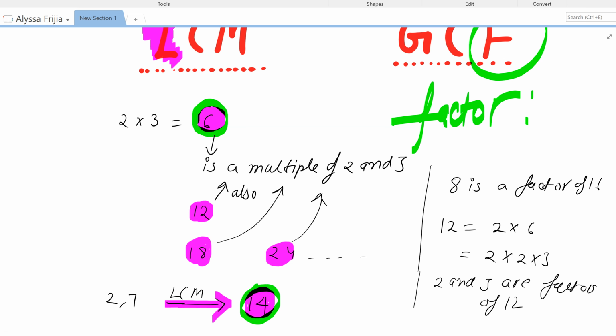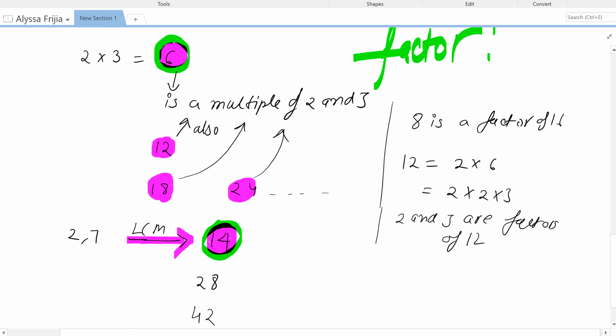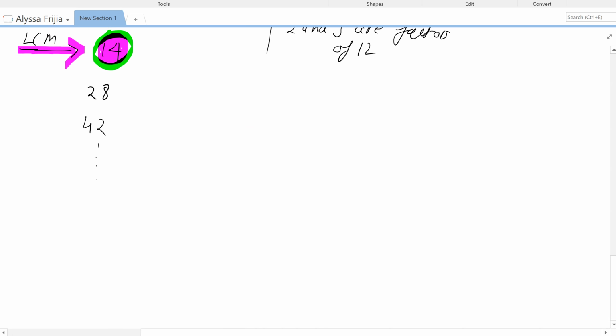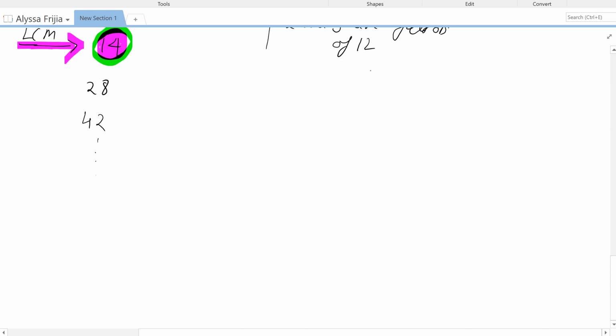Now, what is the meaning of greatest common factor? That is going to be in the context of two numbers. For example, you have 12 and 18, and I ask you to find the greatest common factor between them.